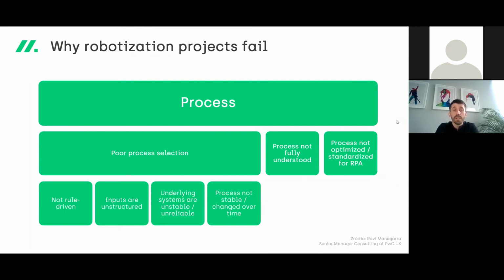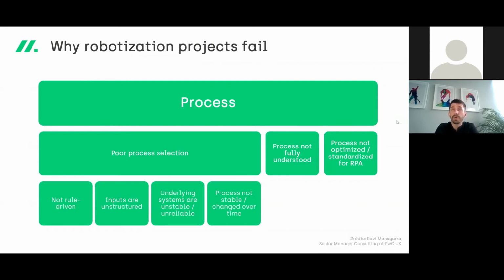First of all, poor process selection. For the processes, we can pick, for example, processes which are not rule-based. Then we can consider processes with unstructured inputs, which are impossible to automate.